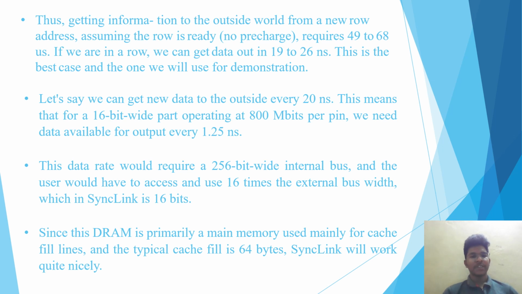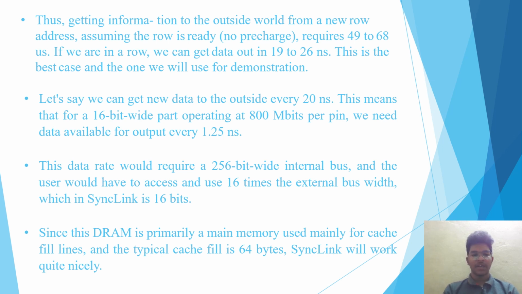Thus, getting information to the outside world from a new row address, assuming the row is ready, requires 49 to 68 ns. If we are in a row, we can get data out in 19 to 26 nanoseconds. This is a best case and one we will use for the demonstration. Let's say we can get the new data to the outside every 20 nanoseconds.